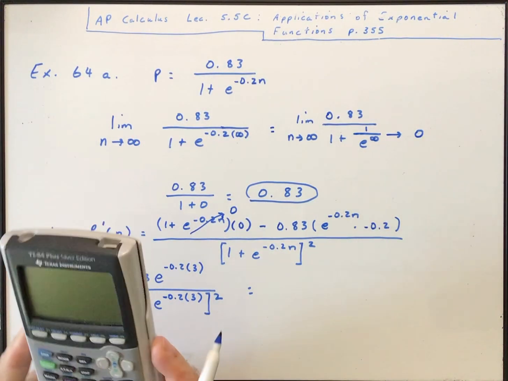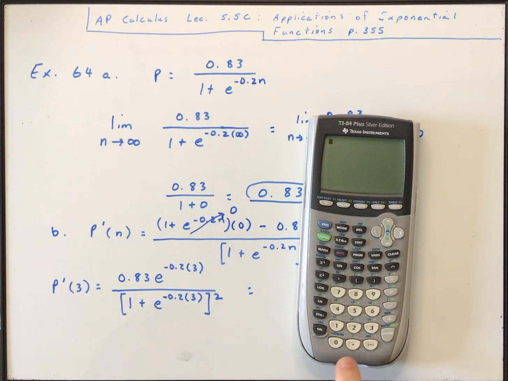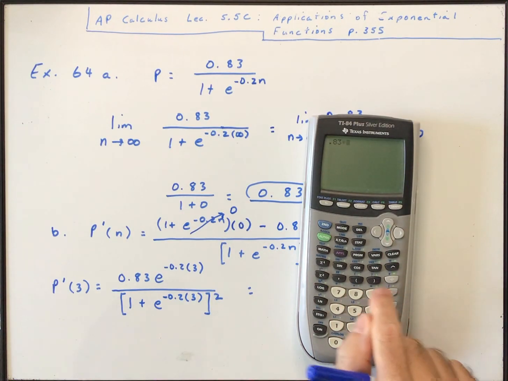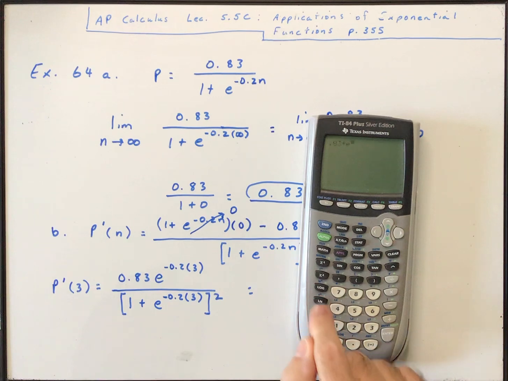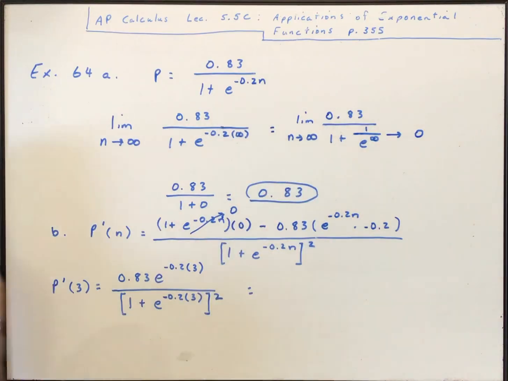So putting that in our calculator, we would have 0.83 times e to the negative 0.6, right? 0.2 times 3 would be negative 0.6. That's 0.4555.